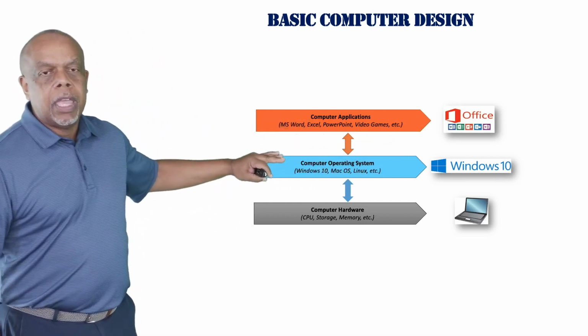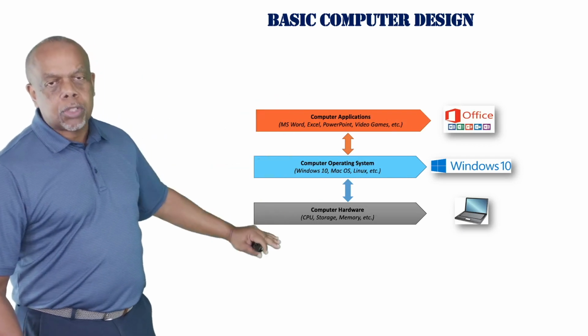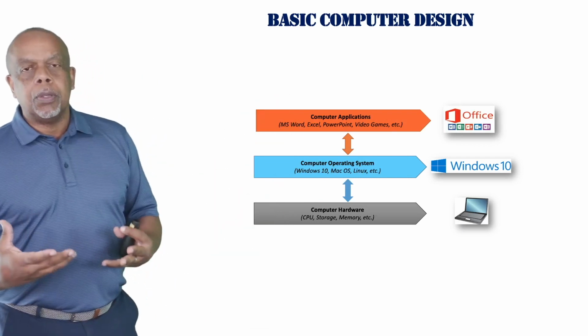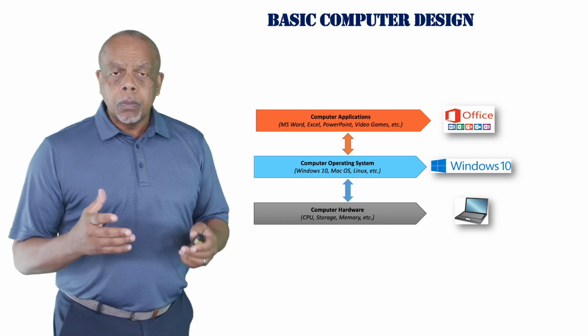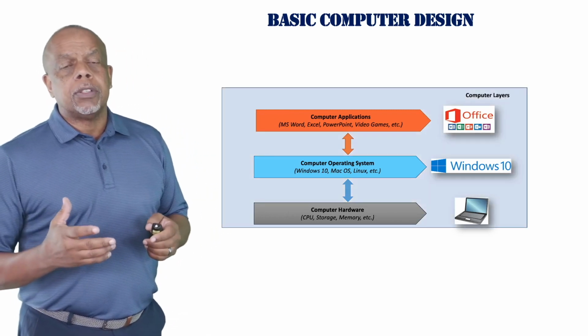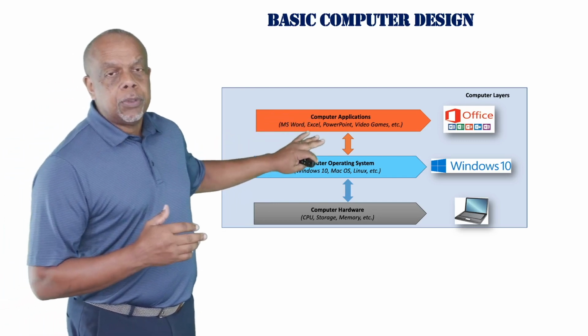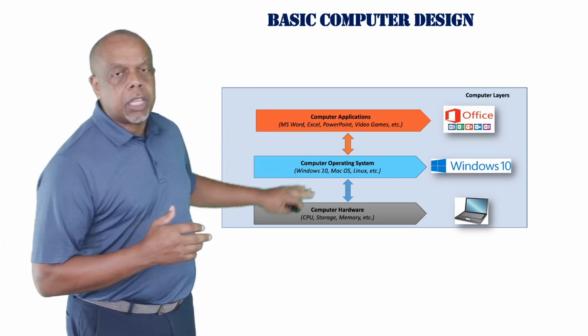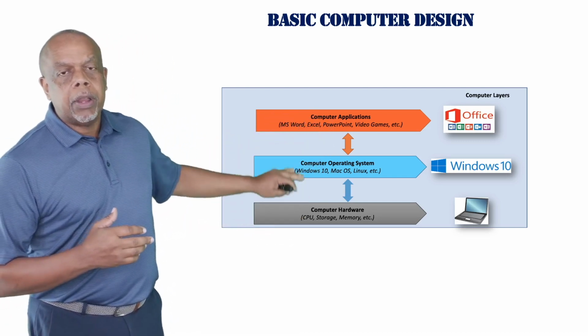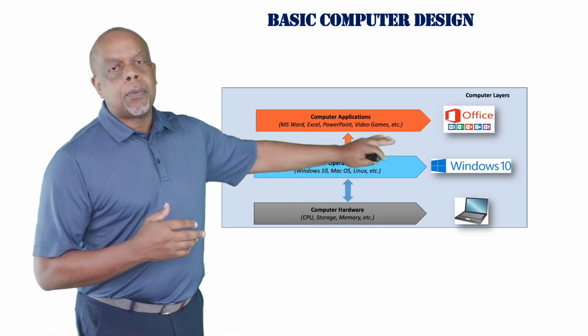And so you see we have a hierarchical, structured approach to how our computer design is put together. And it's put together that way for security reasons, because there are very few things that applications can do directly to hardware. Everything needs to be vetted through an operating system.